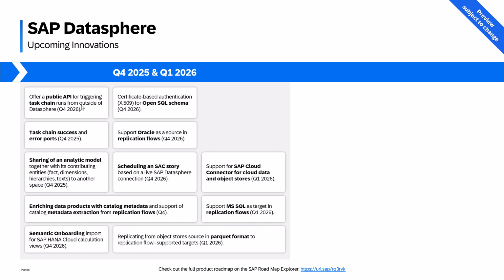And then looking into next year already, we are planning on replicating from object store sources in Parquet format, in addition to what's currently supported, and also adding a new target with Microsoft SQL Server into replication flows and being able to support the cloud connector for cloud data as well as cloud object stores.